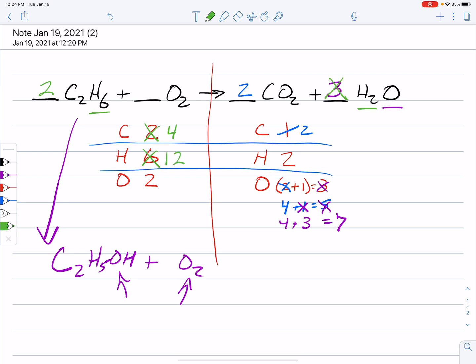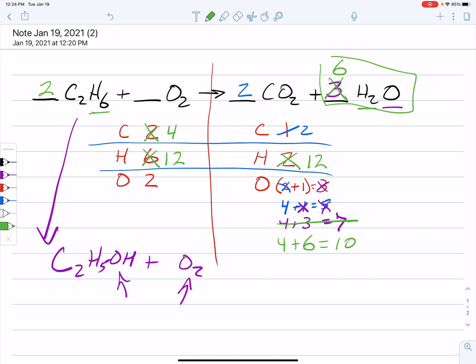On the product side, this becomes a 6, which now means I have 12 hydrogen, and I have those 6 plus those 4 oxygen to give me 10.